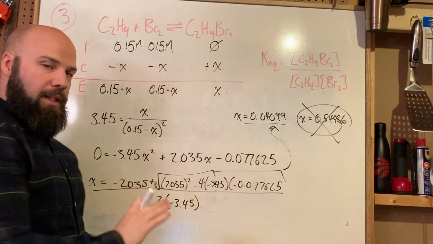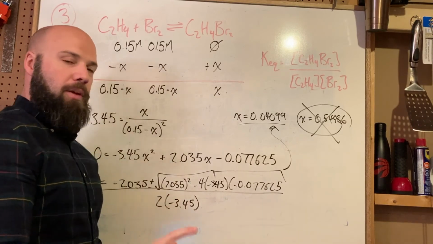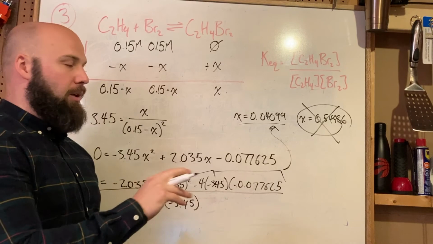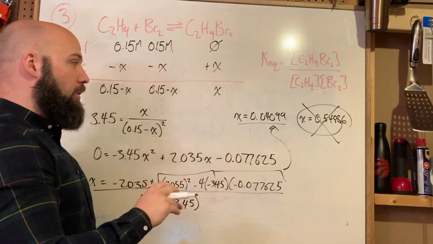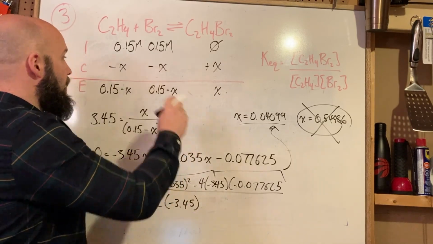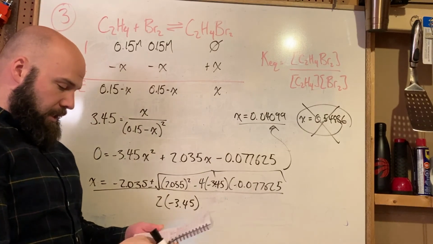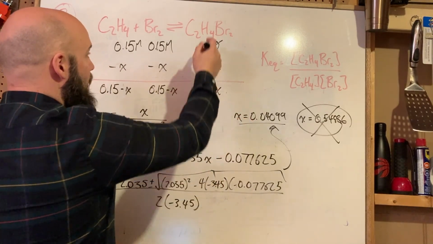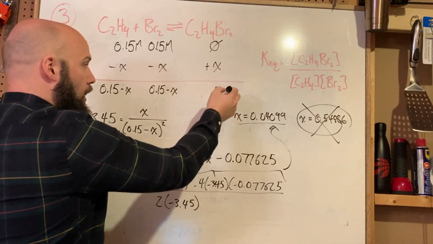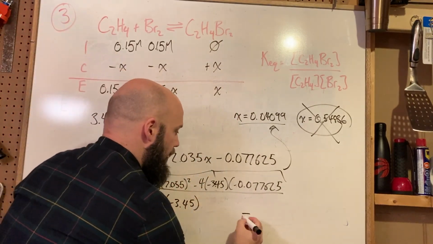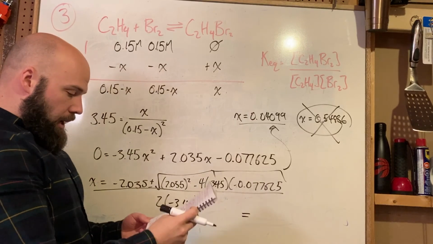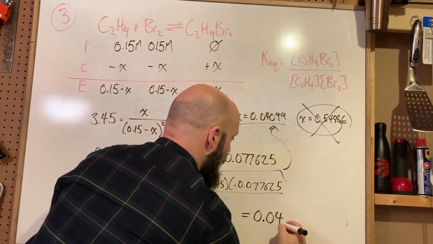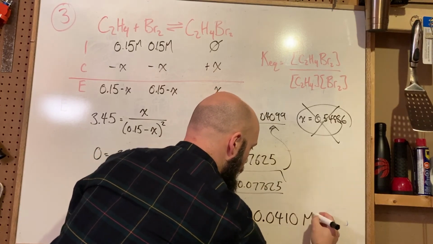So you will always get two answers, but one of them will always be the only one that works. You won't have the situation where the quadratic formula gives you two answers that would be correct for x. So now we know that that is our x. We are asked for the equilibrium concentration, which is just x. So your final solution to 3 significant figures is 0.0410 moles per liter.